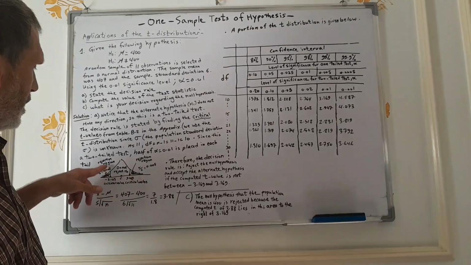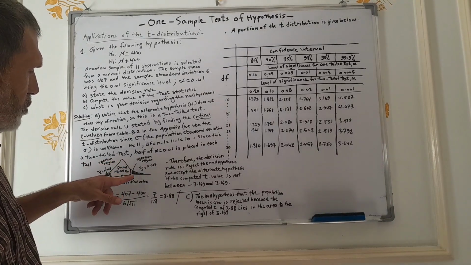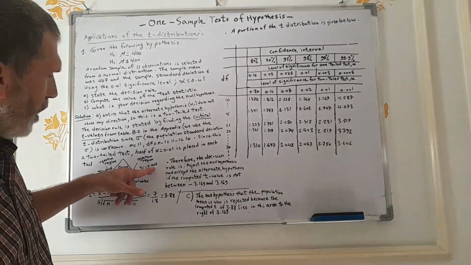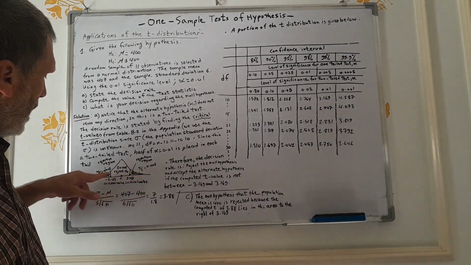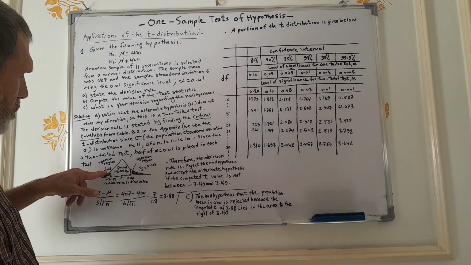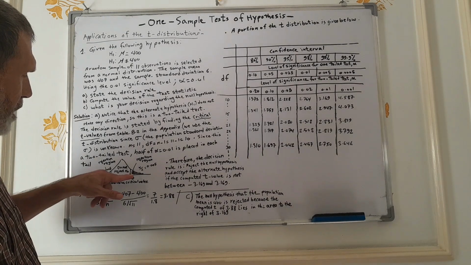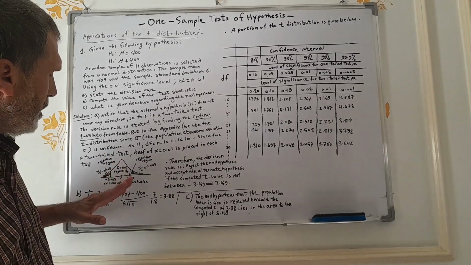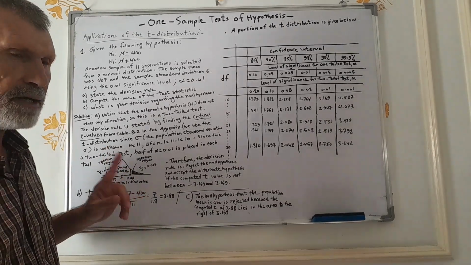So as you can see in the graph of the normal distribution here, we have alpha over 2, 0.005, and then over here alpha over 2, 0.005. This is the rejection region. Okay, now we need to calculate the critical value.